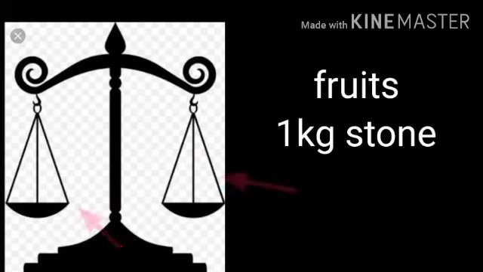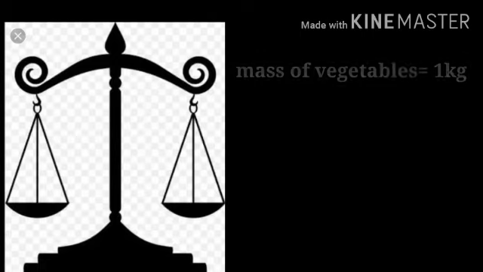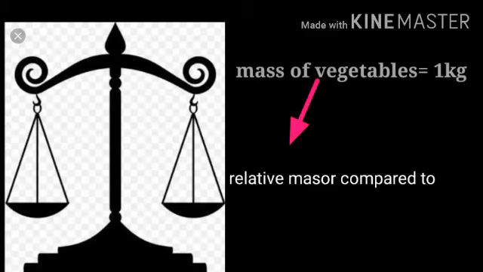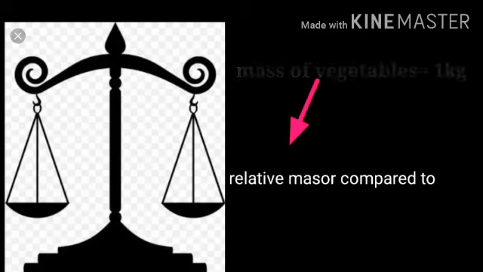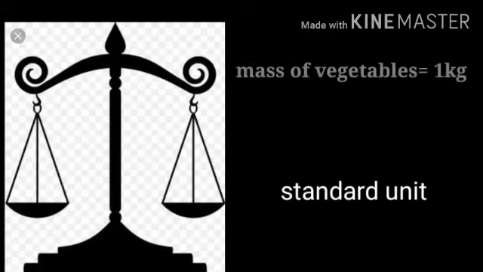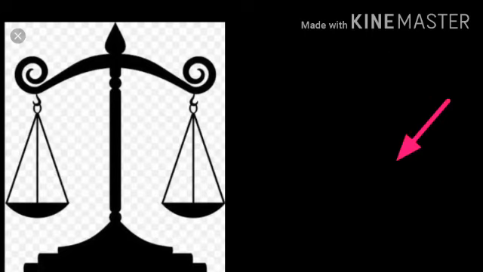When both sides are in equilibrium, then we say the mass of the vegetables is equal to 1 kg. Here the mass of the vegetables is relative, or compared, to 1 kg, and the 1 kg stone is the standard unit to measure the mass.